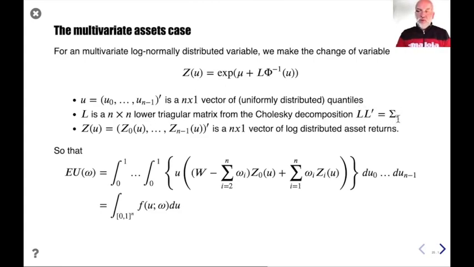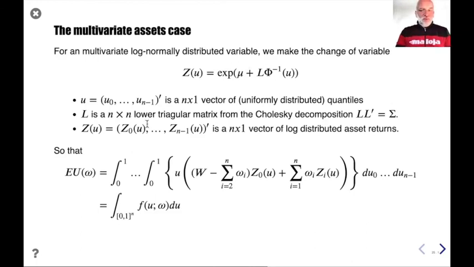There's a function that calculates the Cholesky decomposition of this matrix sigma. But you've also looked at it previously when we talked about linear systems of equations. So this is another application of stuff you've learned.